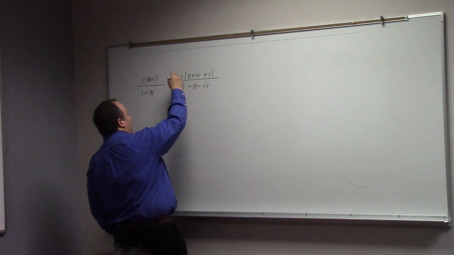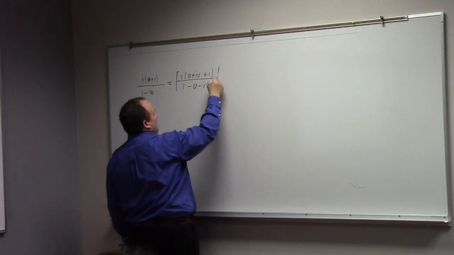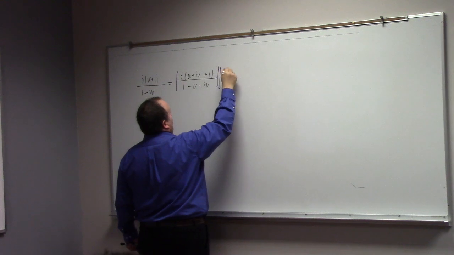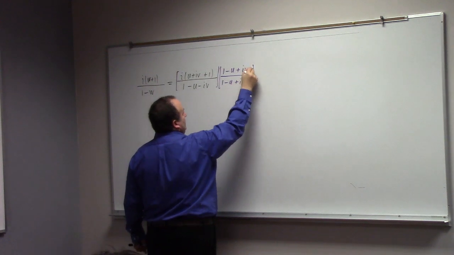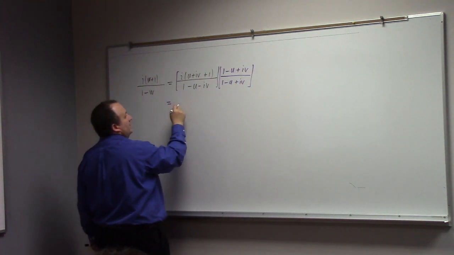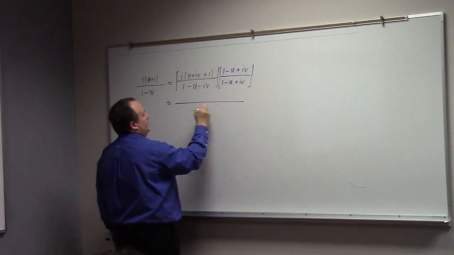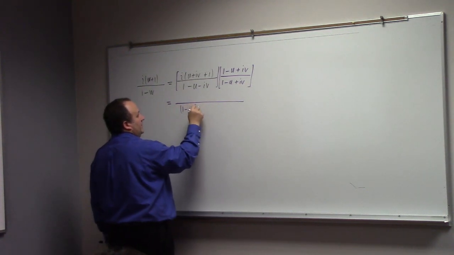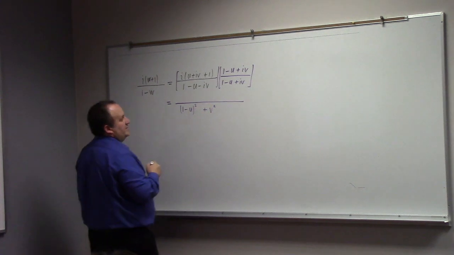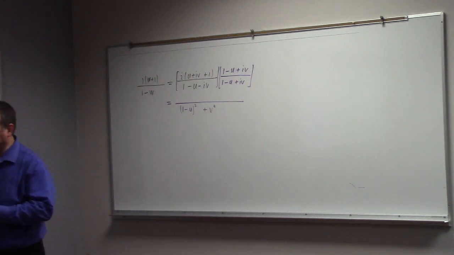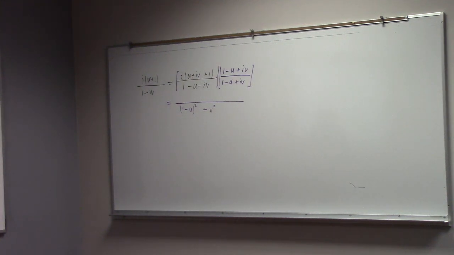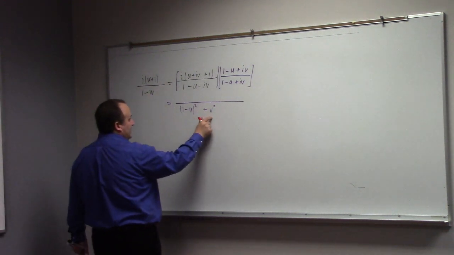So we just gotta multiply this by 1 minus u plus iv. Let's see here. So downstairs, I'm just going to have 1 minus u quantity squared plus v squared. Don't actually multiply it out. Think through it, you know? Understand what complex conjugation multiplication does. It gives you the magnitude of the denominator, right? So what's the magnitude of my denominator? It's this plus that, squared.